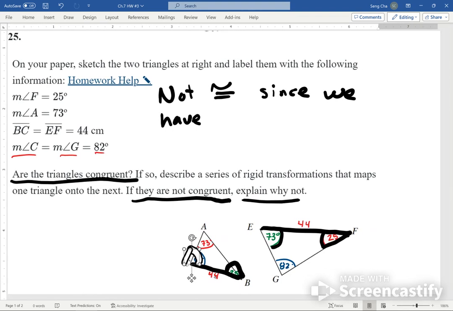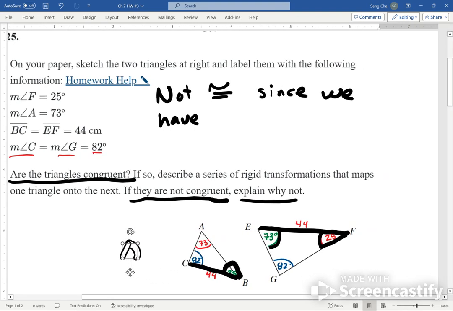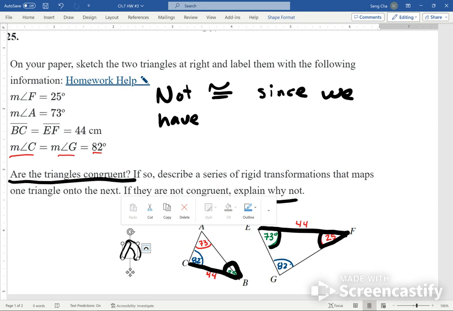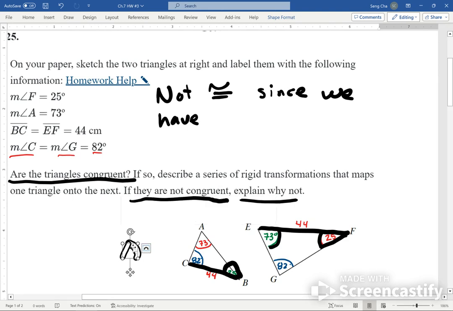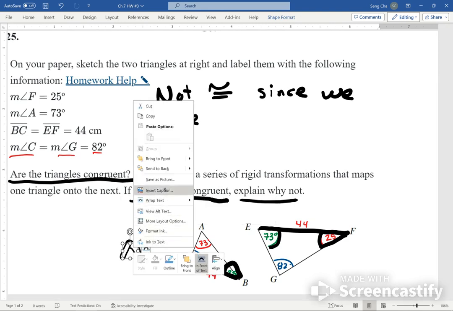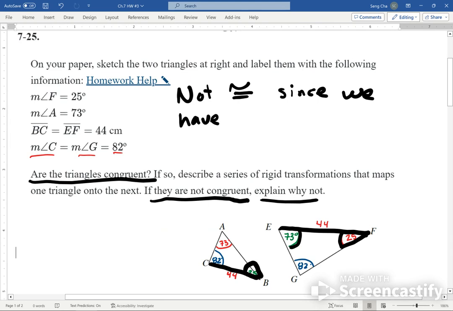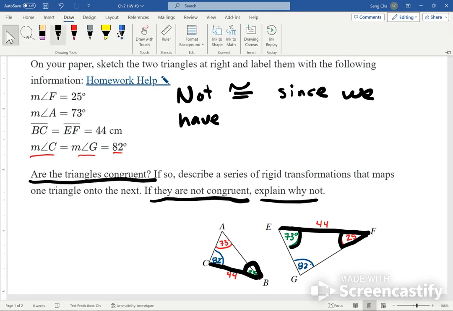Almost got it. Oh, there it is. Okay, so it's not congruent because we have 73, 44, and then 25, and that makes a side angle side right here.